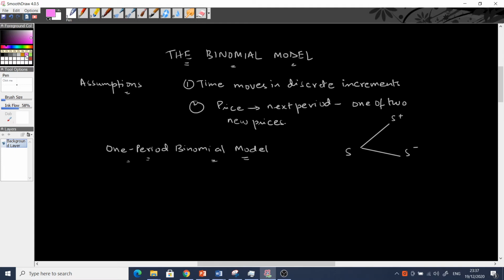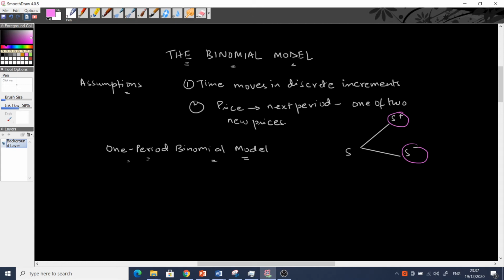Okay, so in a one period binomial model, the price of the underlying stock starts off at a given level s and can either move one step upwards like this, or one step down, right?